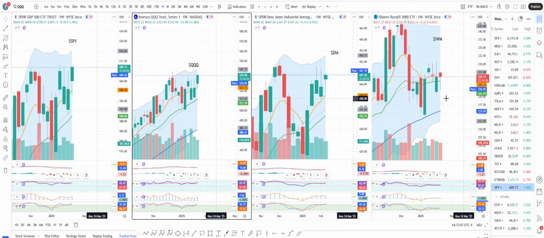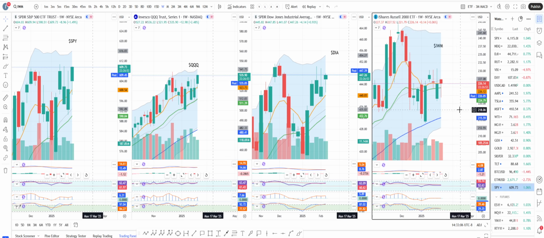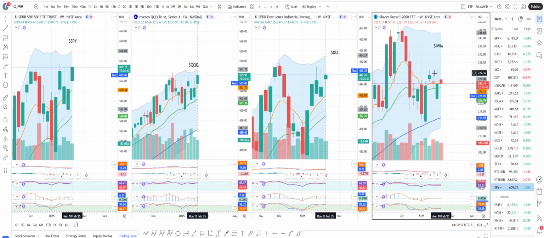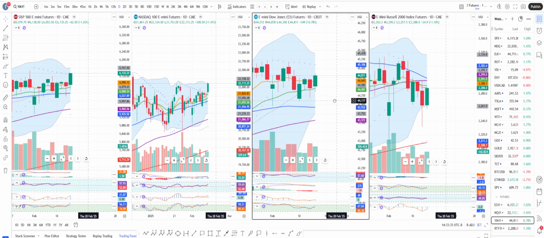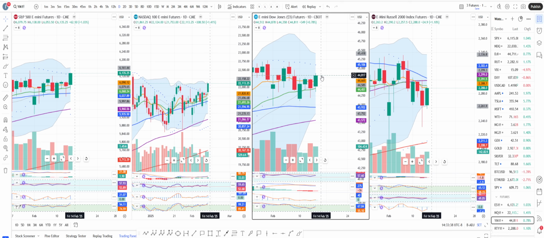And for Dow Jones and IWM for Russell, I cannot say for sure. We need to see a much stronger move by Dow Jones and a much bigger move by Russell in order to flip these candles into bullish. So these are futures. Technically, they are aligned with what the cash indices say, and the only difference is that the futures for Dow Jones are more bullish than the cash index.